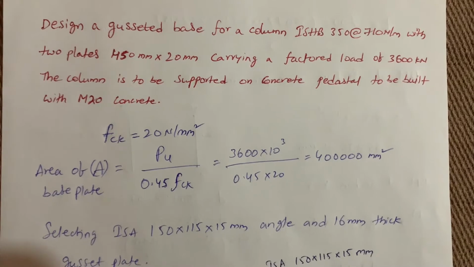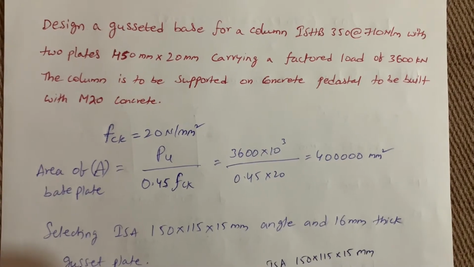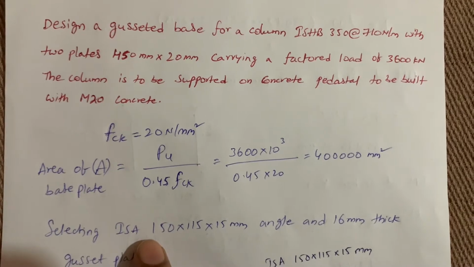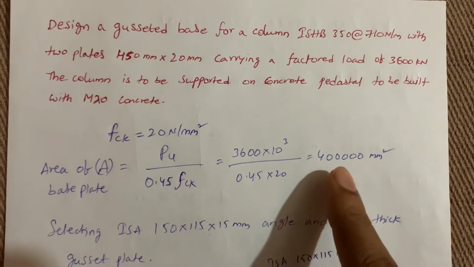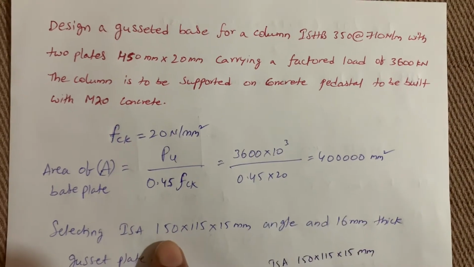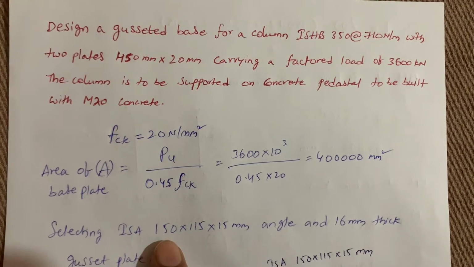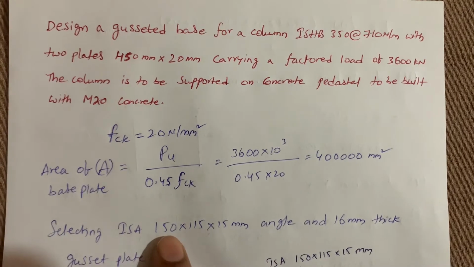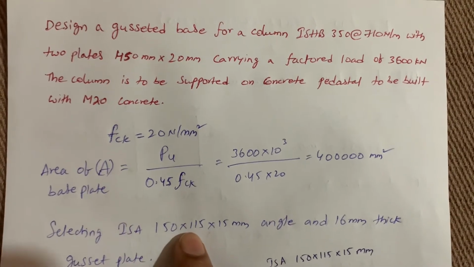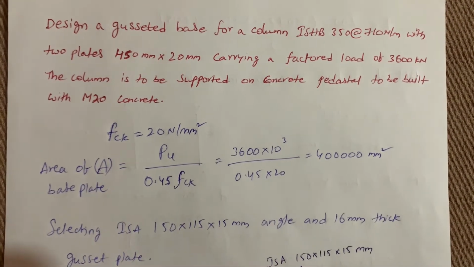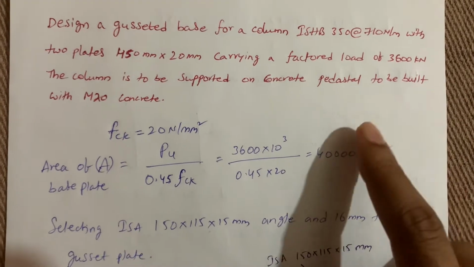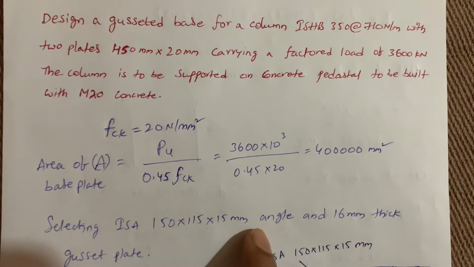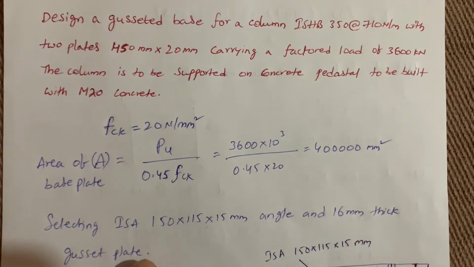By referring to the SP 6(1) steel tables book, I am selecting an angle section near to this value, on page number 14. This area is available in 150 by 115 mm, that is 37.24 centimeter square, which is near to this value. That's why I choose this angle section and a 16 mm thick gusset plate.